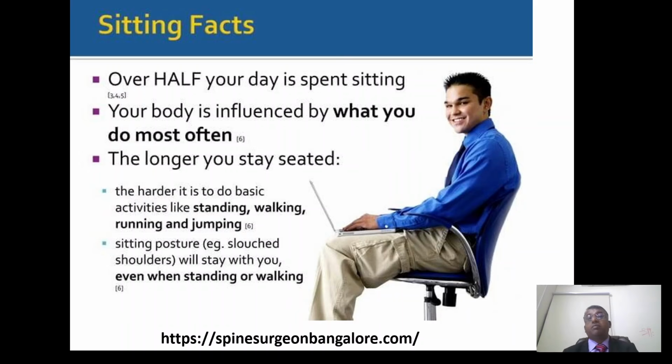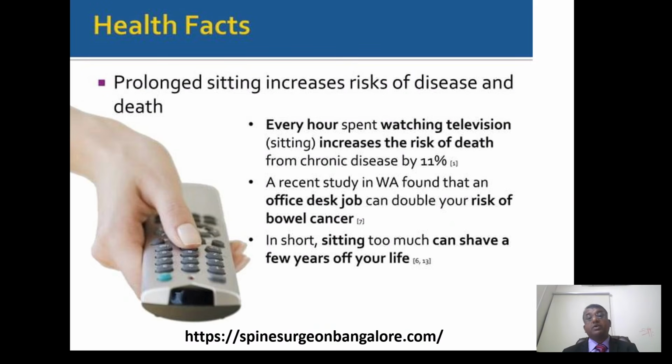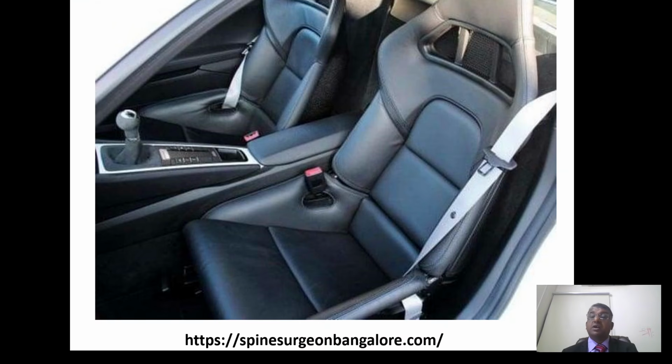Unfortunately, modern lifestyle requires us to be seated most of the time. We know that this is not a good posture, but this is how we have to be during our day. Apart from sitting in the office, we are also sitting in front of the monitor when we are back home, or sitting in our car or vehicles when we're traveling from home to work.